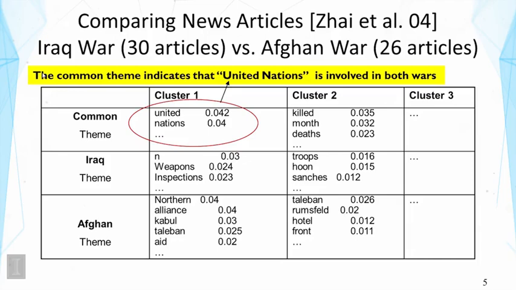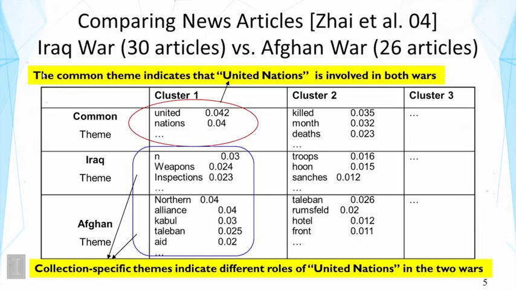If you look at the column further, what's interesting is that the next two cells of word distributions actually tell us collection-specific variations of the topic of United Nations. So it indicates that in the Iraq War, United Nations was more involved in weapon inspections, whereas in the Afghanistan War, it was more involved in maybe aid to the Northern Alliance.